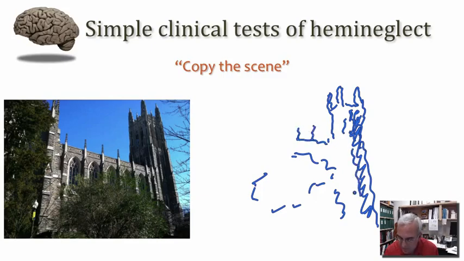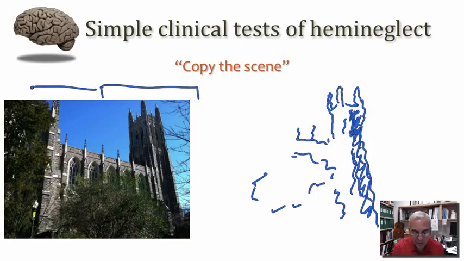I might return and draw some more shadows in here. And I think you basically get the idea that what I am inclined to do is to illustrate features that are largely present over on the right-hand side of this scene, without providing much detail, if at all, for what might be left of the midline of the actual visual scene.